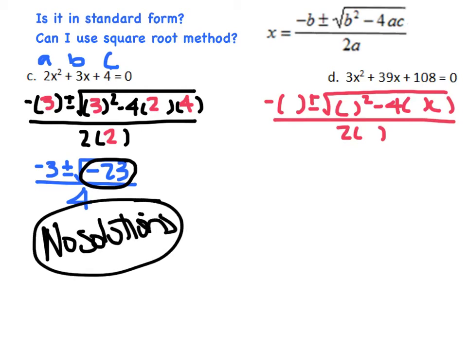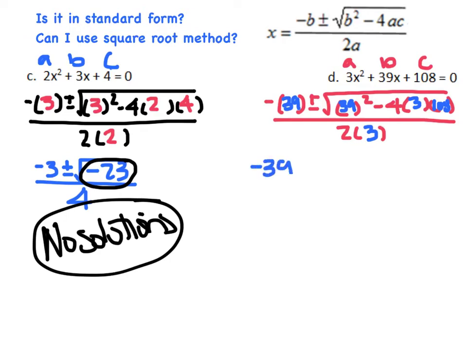Next one, same concept. Is it in standard form? Yes. I have my A, my B, and my C. Okay, I can't use the square root method because there's a bx involved. So let's just plug in our values. B, so that's 39, goes in the first two parentheses. 3 goes in the third, and 108 goes in the fourth one, and in the last parentheses goes in number 3 again.